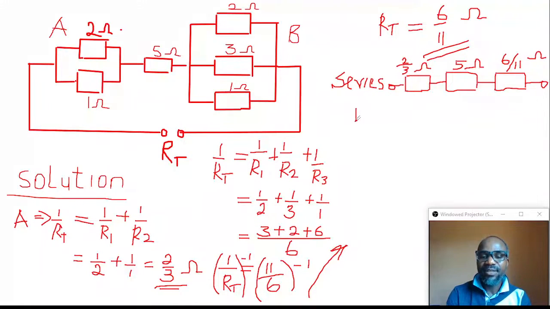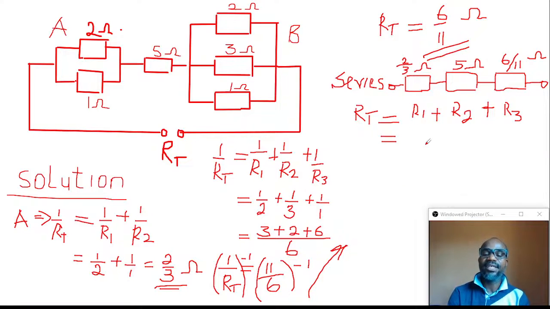And the formula for that is RT equals R1 plus R2, which happens to be the resistor with 5 ohms, and then the other one is R3. Good. So the next thing is to substitute accordingly.